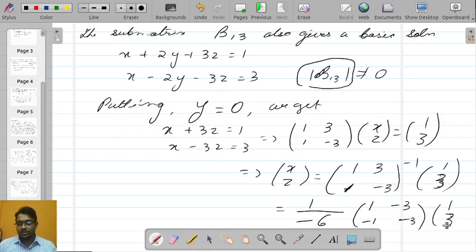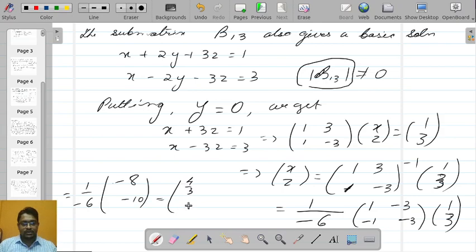Multiplied with (1, 3), your solution is 1 by minus 6 times (minus 12... minus 8, minus 10), which is given by 4 by 3 and 5 by 3. So another basic solution is x equal to 4 by 3, y equal to 0, and z equal to 5 by 3. This is one more basic solution of this system.